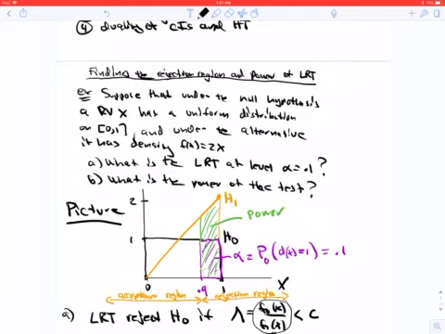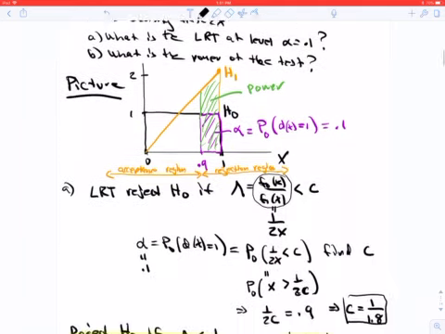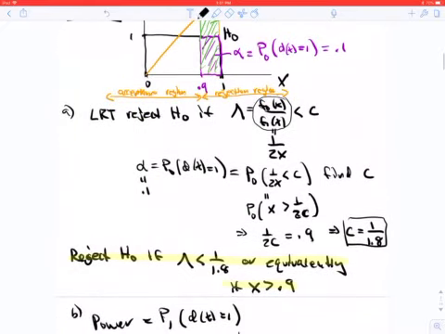And you can figure out exactly what the cutoff for your rejection region is because alpha is 0.1. So the area in purple has to be 0.1, and hence the cutoff has to be x is 0.9. But anyway, we can see this mathematically, and that's what we do here.